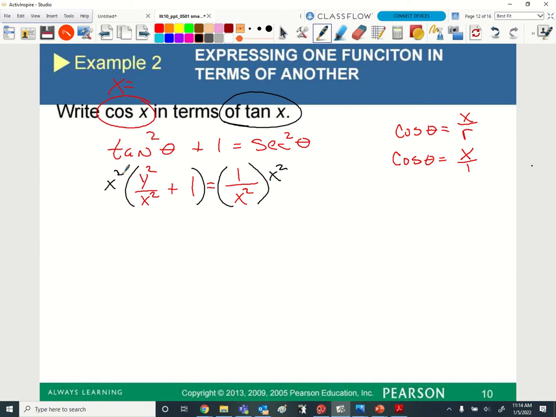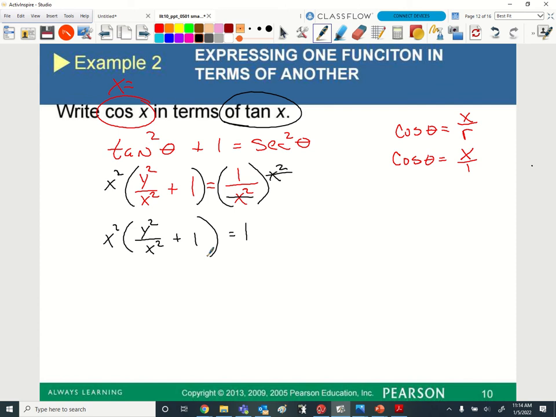So what's going to happen to the x squared on the right-hand side? It's canceled. That's good. So we're left with 1 is equal to x squared times the quantity y squared over x squared plus 1. Yes? Wouldn't those cancel too? I could, but the problem is I want my answer to say tangent.